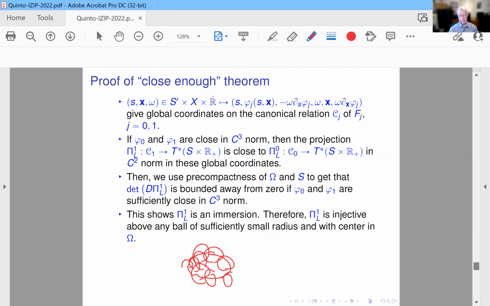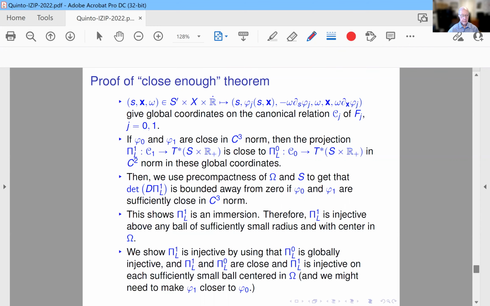When we have a pre-compact set, we can cover its closure by these open sets on which pi 1L is injective, and we can find an epsilon such that every epsilon ball with center in omega will be in one of these sets. Therefore, pi 1 is injective on every one of these epsilon balls.